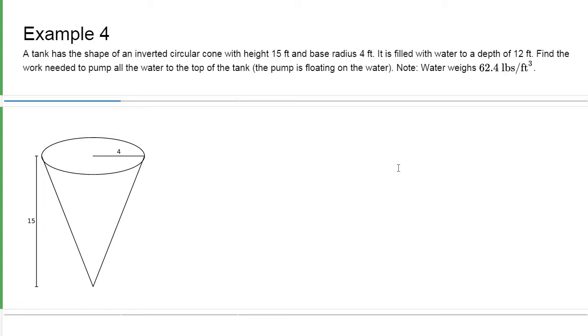Now to do this, we need the density of water, roughly 62.4 pounds per cubic foot. So we're going to figure out the volume of water that we have at a given level in cubic feet. We'll multiply it by this and get the pounds. Pounds is the weight, that's the force.